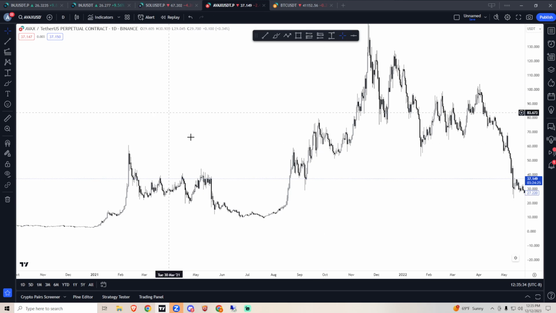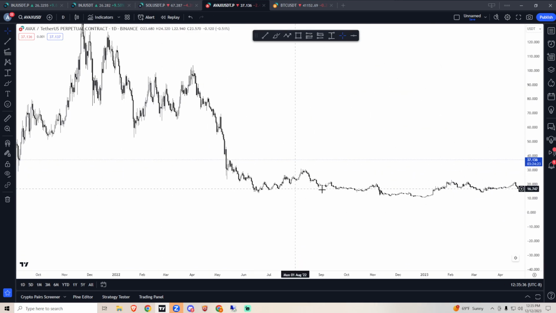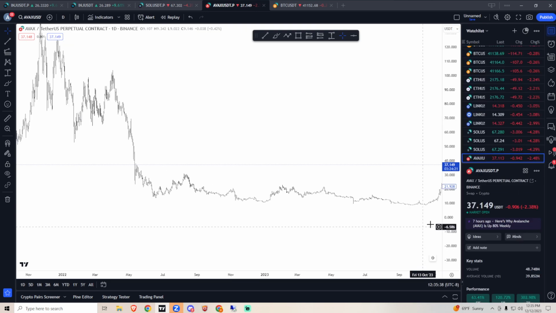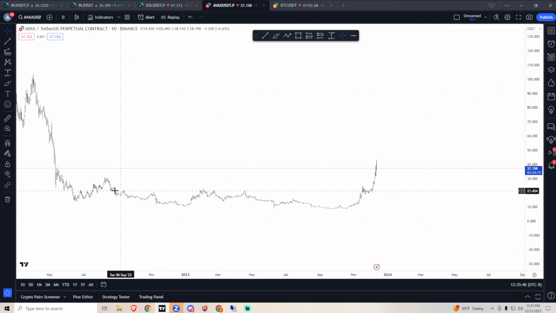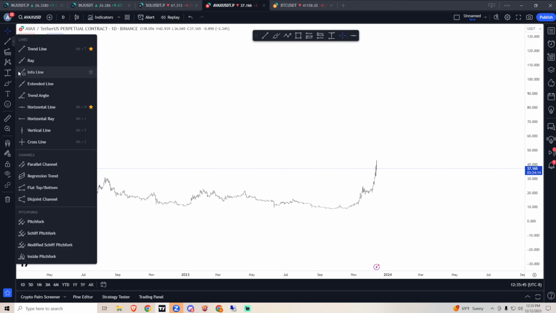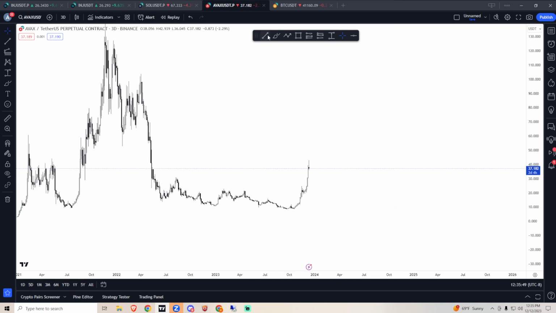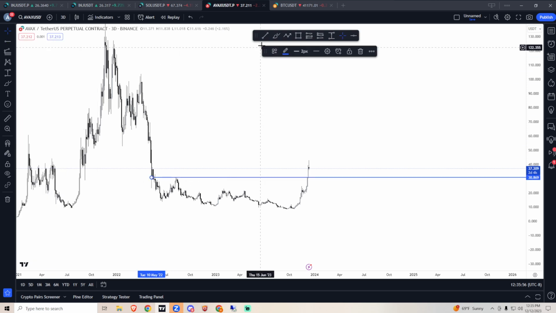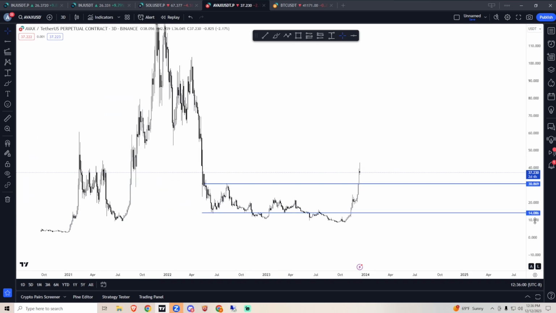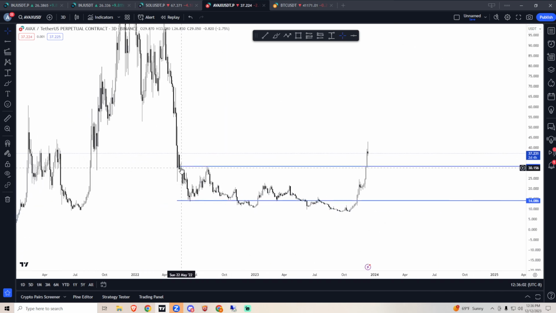I mean, right now, similar to what AVAX had after it broke out, like this whole consolidation phase. I'm gonna go to the 3-day really quickly, just to get more condensed. Okay, broke down, range lows, range highs.